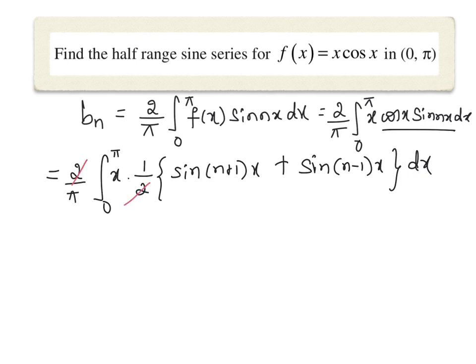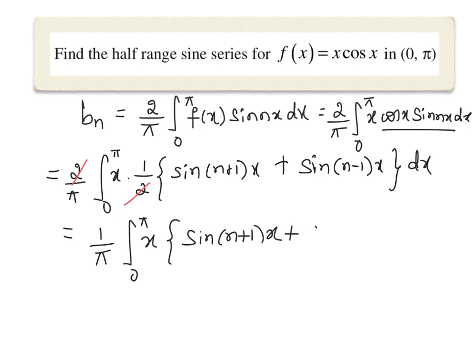We can write this as 1 by pi integral 0 to pi. Now we have to apply Bernoulli's rule, where x is the first function, and we write x into sine of n plus 1 into x plus sine of n minus 1 into x dx.